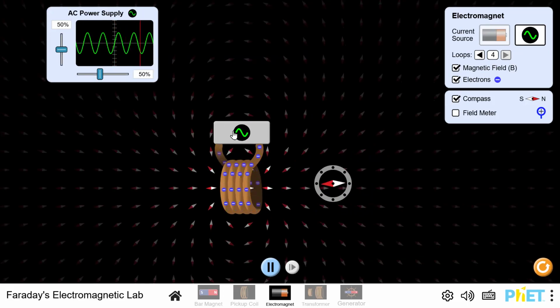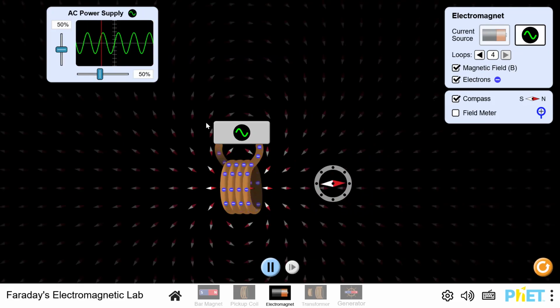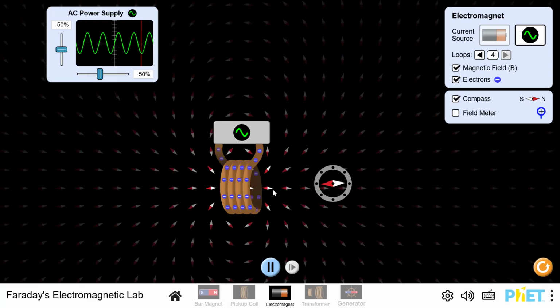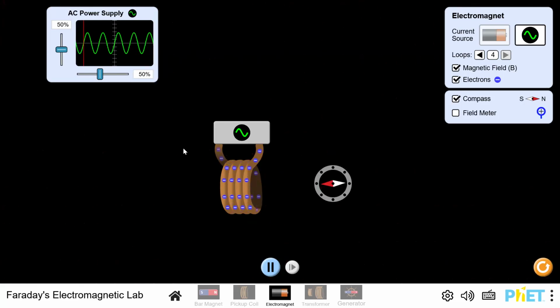You can use a battery or you can use an alternating current out of the wall. This coil also creates a magnetic field, but you can see it goes back and forth, back and forth.